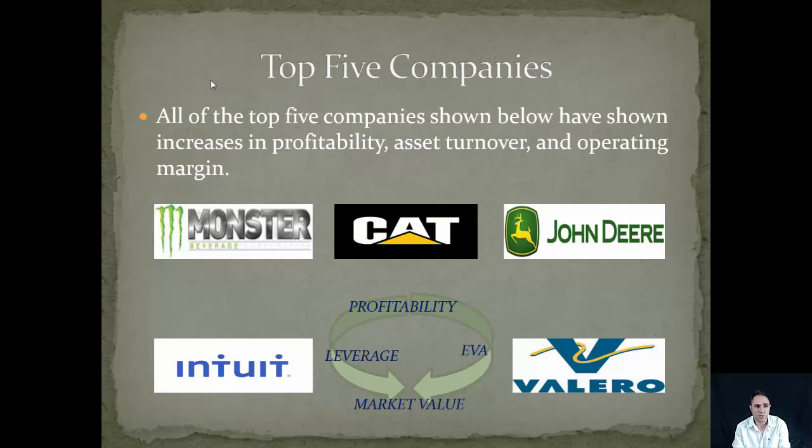Monster Beverage, which is an energy drink company, Caterpillar and John Deere, which are both heavy machinery companies, Intuit, which is a company that specializes with computer software such as TurboTax and QuickBooks, and Valero, which is an energy company.